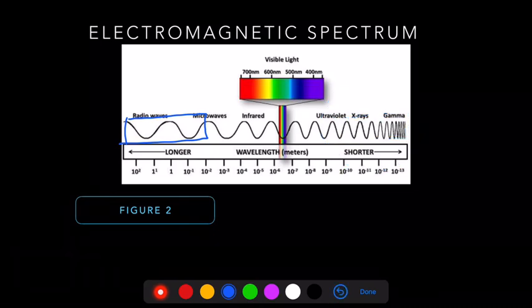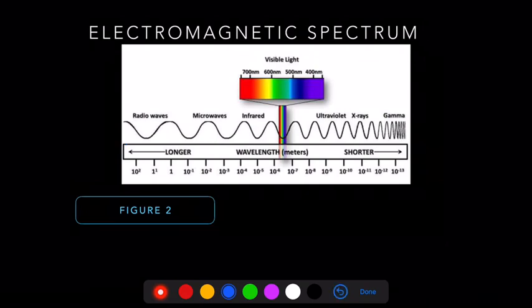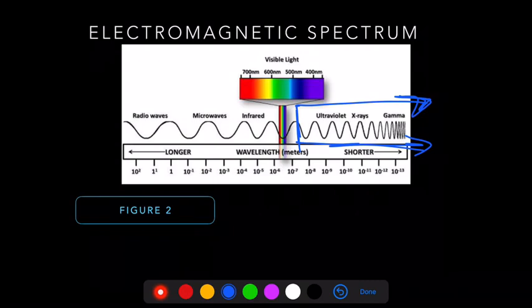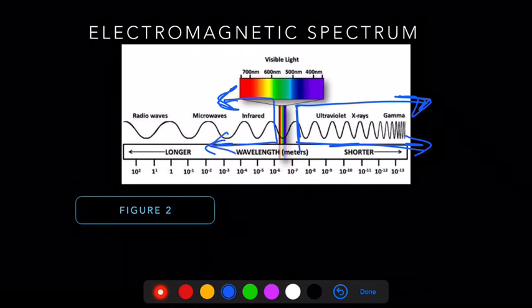Another important thing is that from here to here, there are more dangerous electromagnetic waves, like cancerous ones. So we need to be very careful when we're near them. And from here to here, there's no scientific law or proof that they will do us any harm.